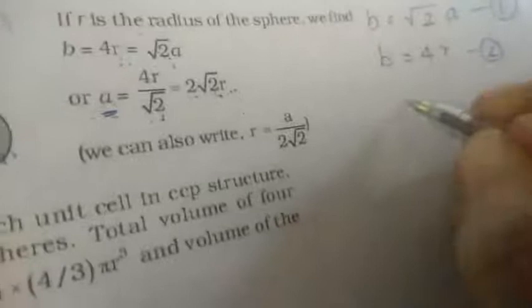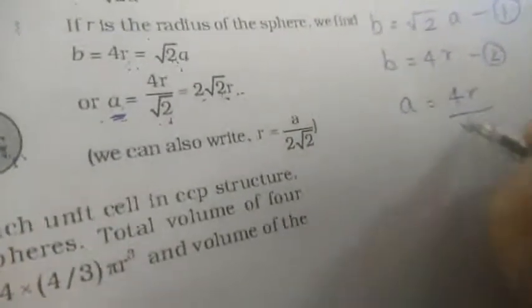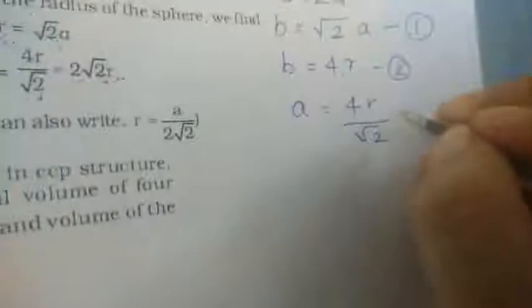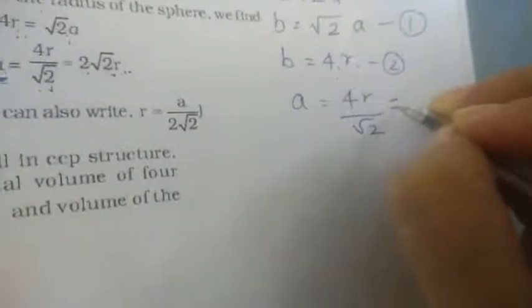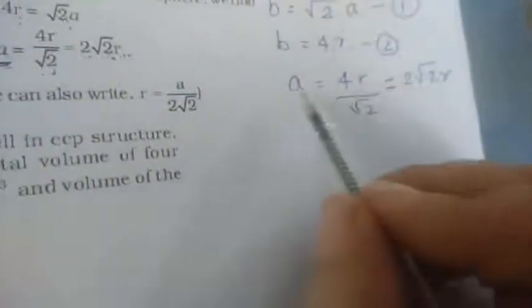How has it come? We had written A is equal to 4R by root 2, or we can also write it as 2 root 2R. So A is equal to 2 root 2R. One formula we have got.